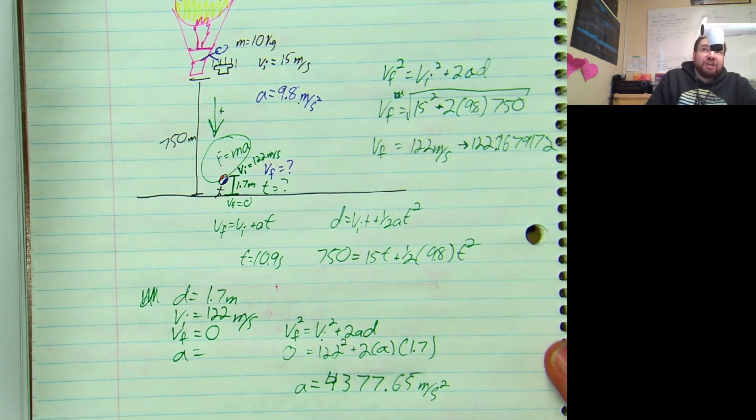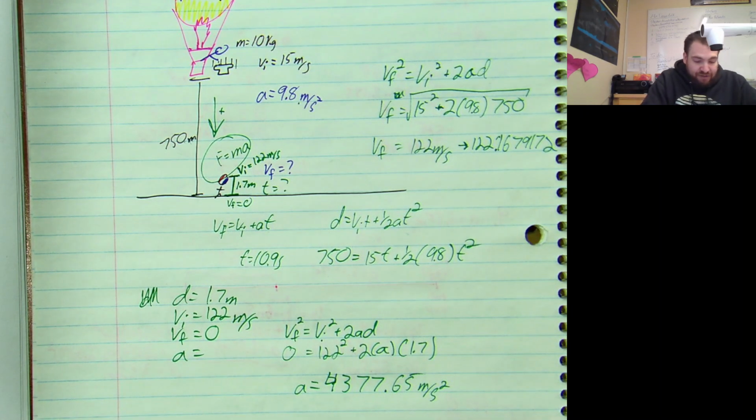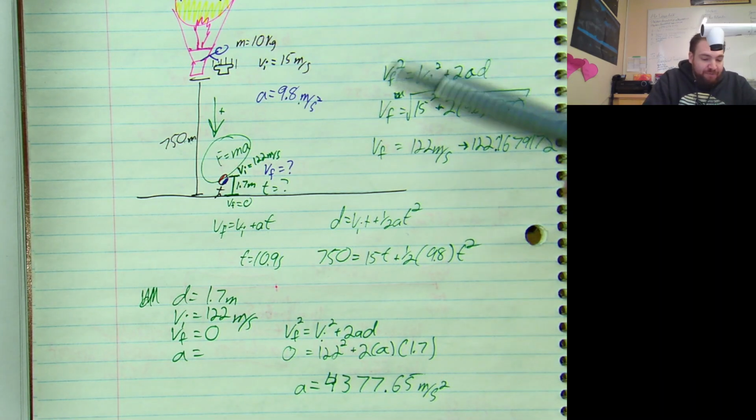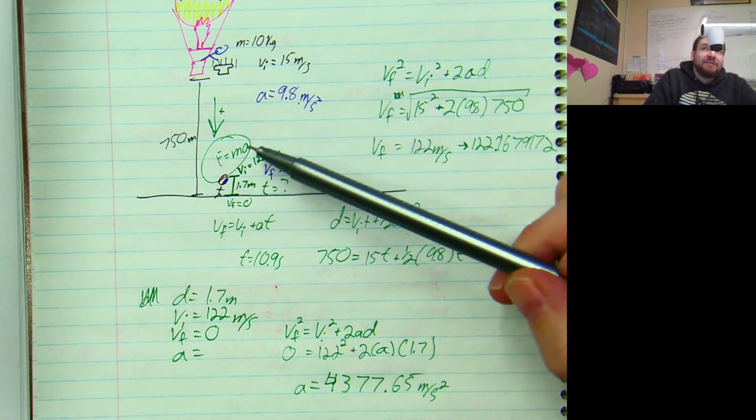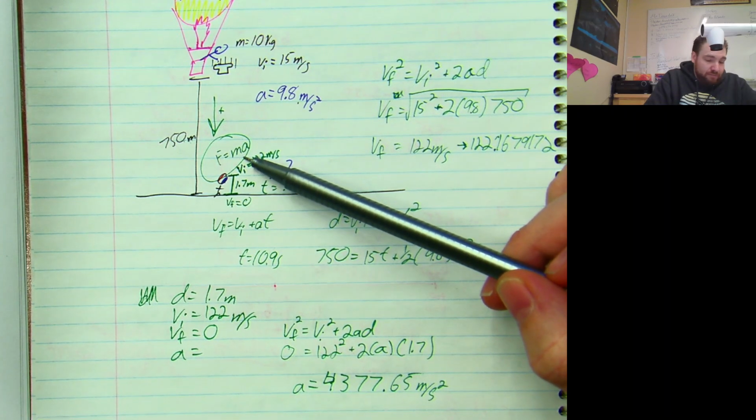So the acceleration of the anvil coming to rest is 4,377.65 meters per second squared. That is a massive acceleration. And the only thing that we're going to add at the beginning of the next chapter is to say, well, there's actually a relationship between the force required to give something a particular acceleration and the mass of the object.